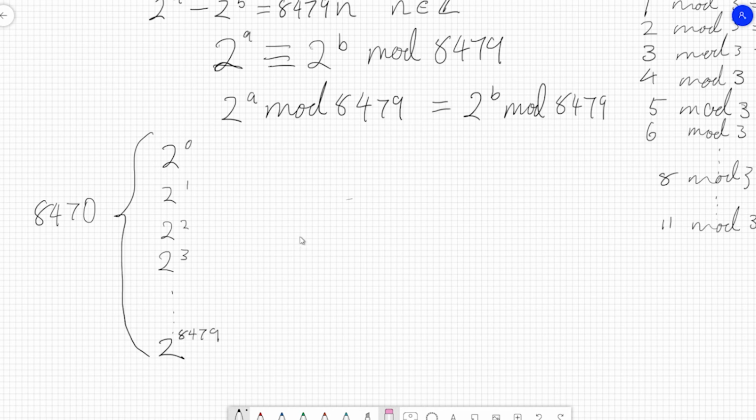Yeah. So even if it increments 1 at a time, by having 8,480 numbers here, we will have completed a cycle of 8,479.